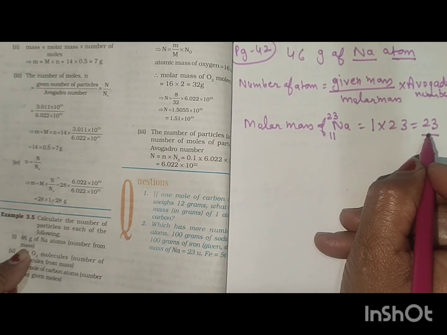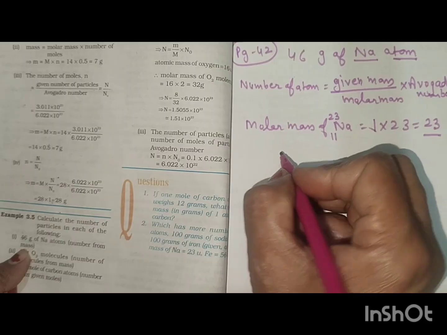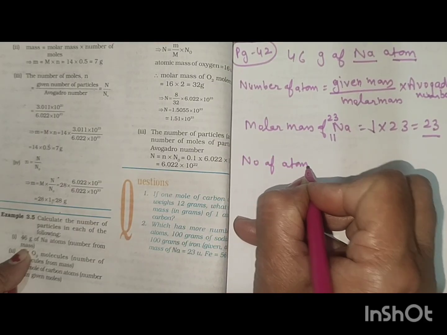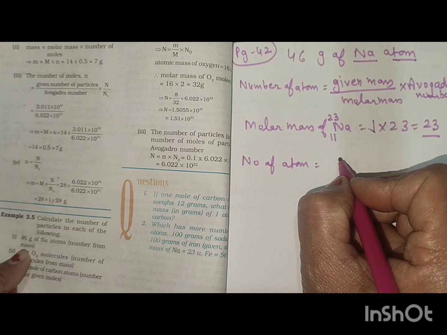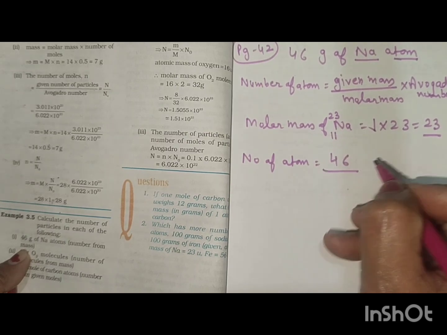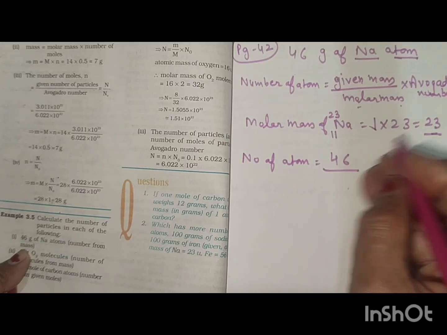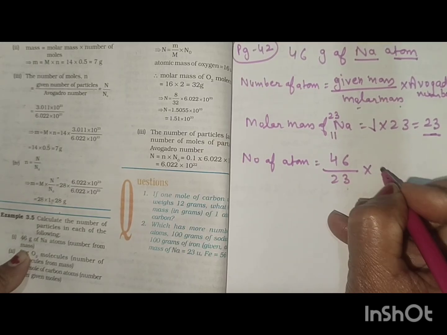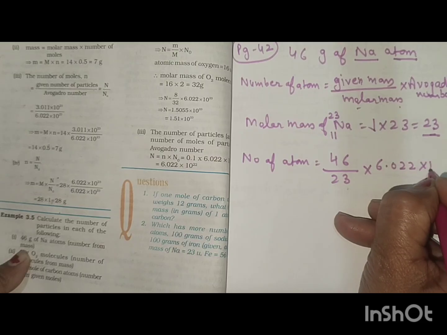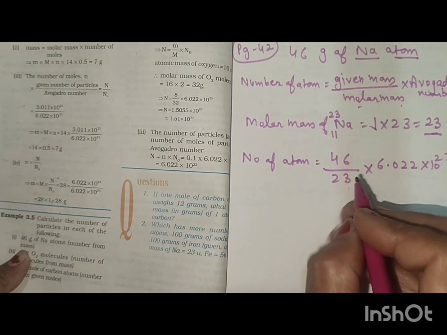Molar mass is 23. Now put the values: number of atoms in sodium is equal to given mass, 46 gram, by molar mass of sodium, 23, and Avogadro number is 6.022 into 10 to the power 23.